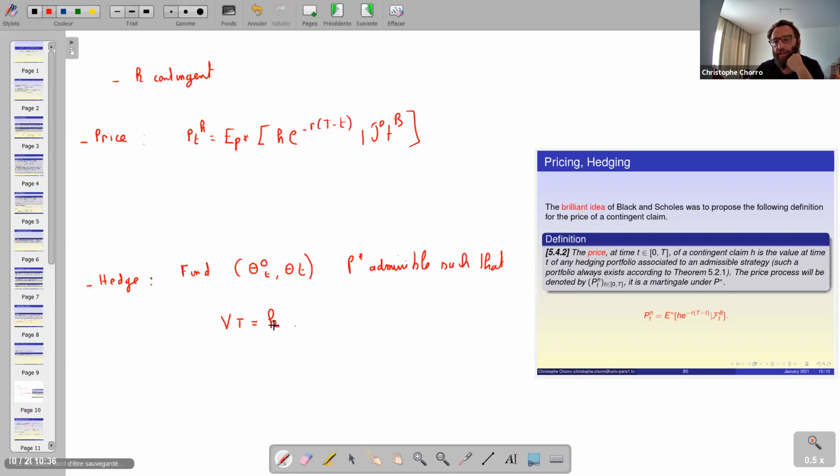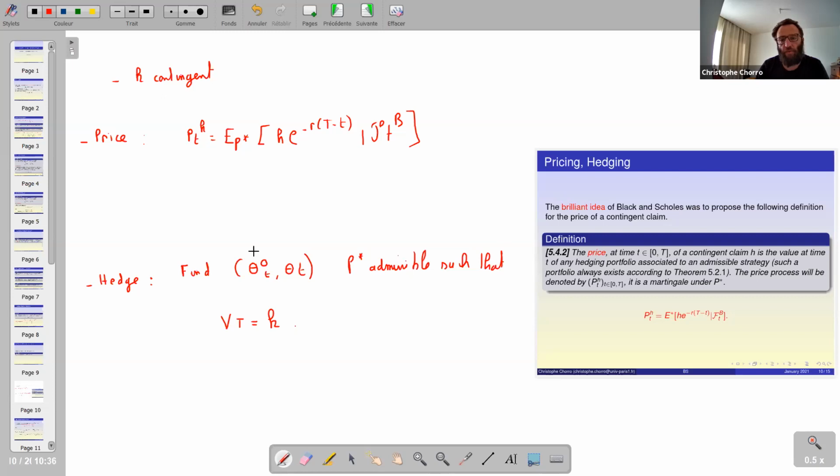And it's nice, huh? It answers completely the question of replication or hedging in this situation, because if you want to sell a contingent claim, at time t equal to 0 you will ask for the price that you can deduce from this expression here. Then using this price, you are going to build the P star admissible strategy.